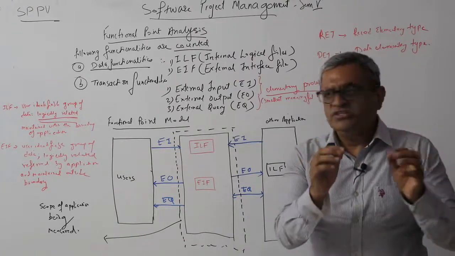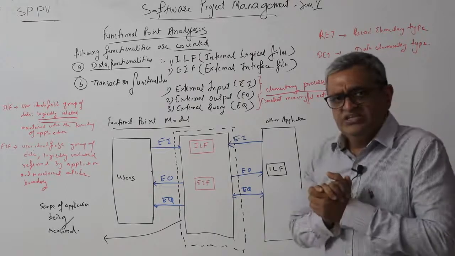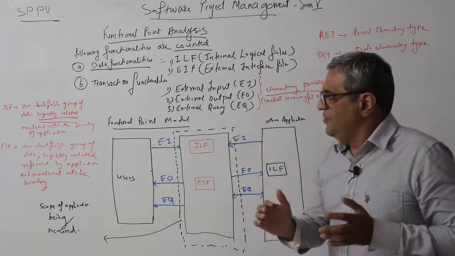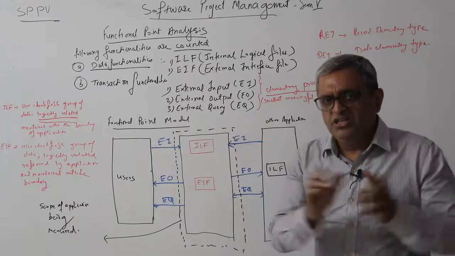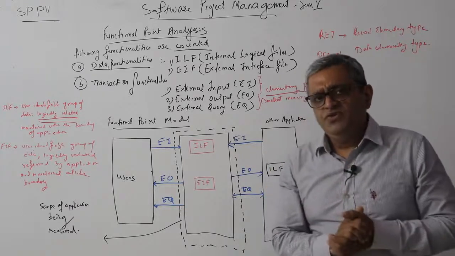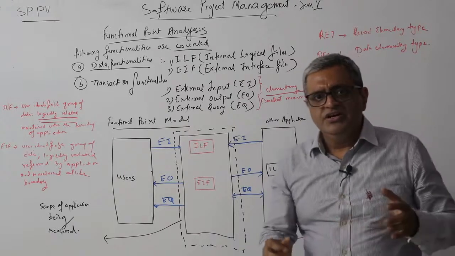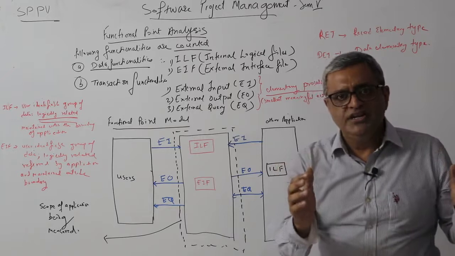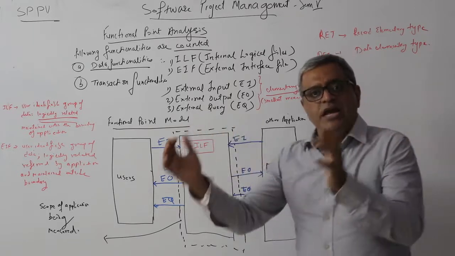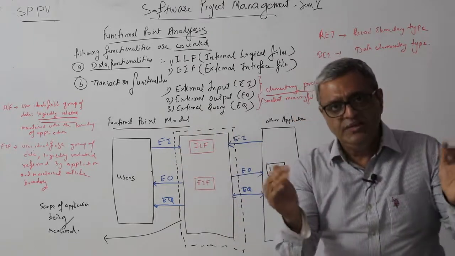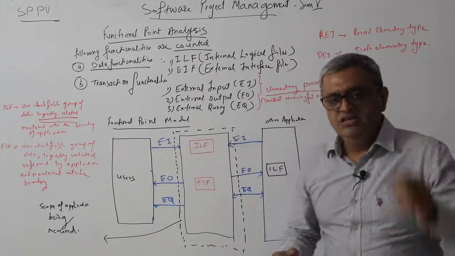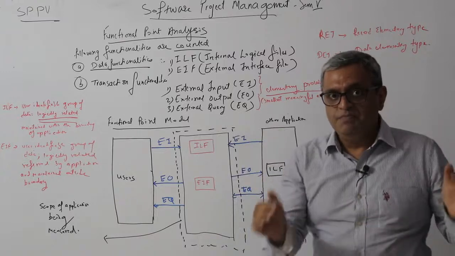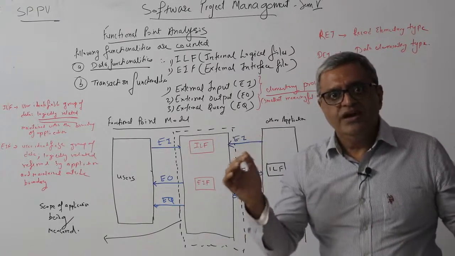ILF. An internal logical file is a user-identifiable group of data which is logically related. For example, employee related data might get captured into an employee table, which might be a single table or a couple of tables, but it becomes one ILF.